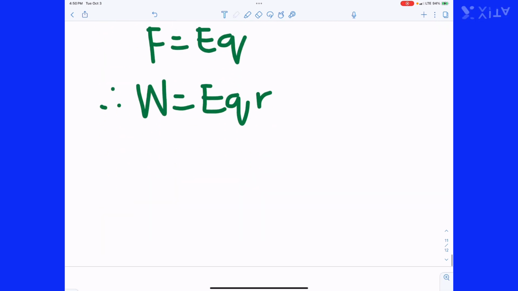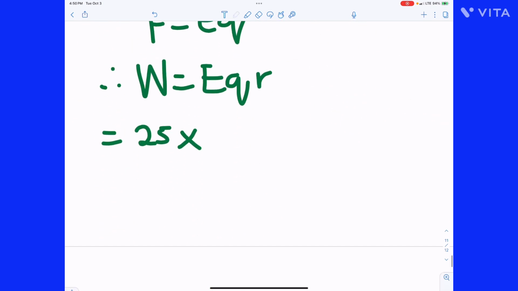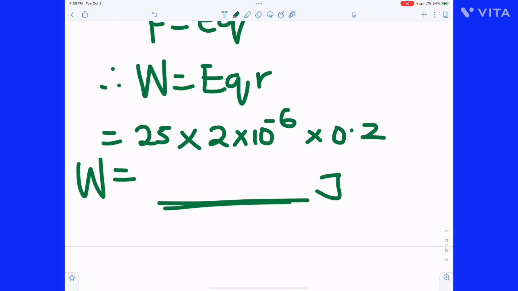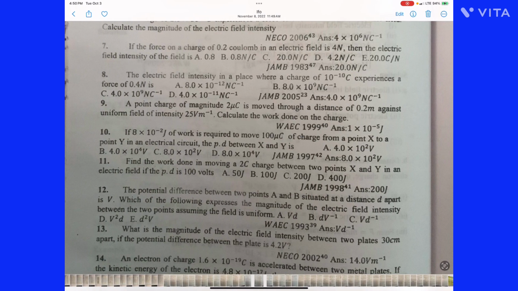So the work done will be the electric field strength, 25 volts per meter, times the charge, 2 microcoulomb, that's 2 times 10 raised to the power minus 6 coulombs, times 0.2 meters. You multiply all of these, you get your work done in joules. That's how to do that kind of question.